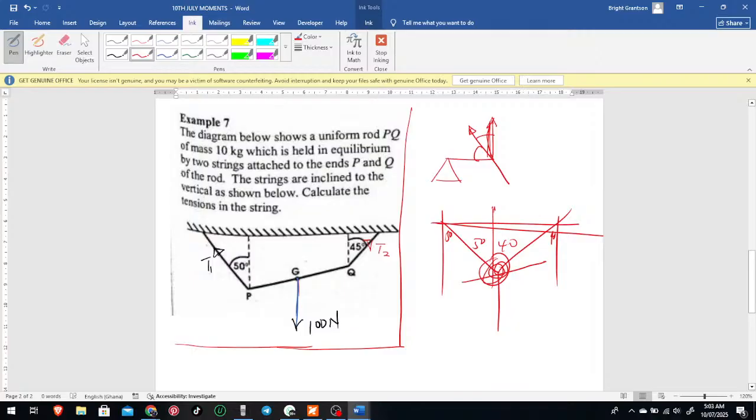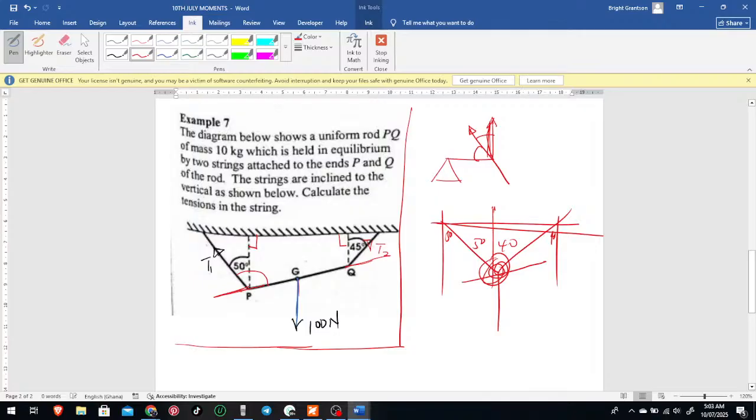But these angles here are not perpendicular. We don't even know the total angle here. But what we know is that here is perpendicular. Here is also perpendicular. But we want the force that is perpendicular to this object. Even if we extend this one, we know here is 90, but this line is not parallel to this line, so here cannot be 90.